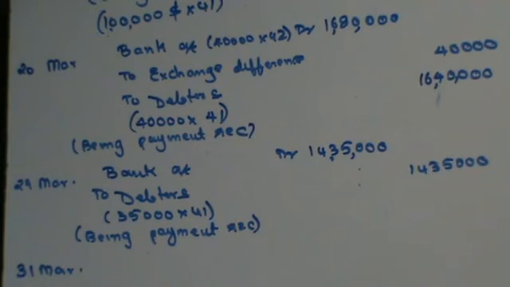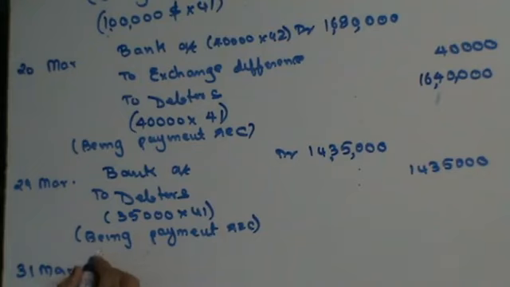Had you received payment on 10th March, you would have got 41 rupees per dollar. Now you are getting 45 rupees per dollar. That means you are making a profit of 4 rupees per dollar. You will make a profit only on the balance amount that is to be received, which is $25,000.